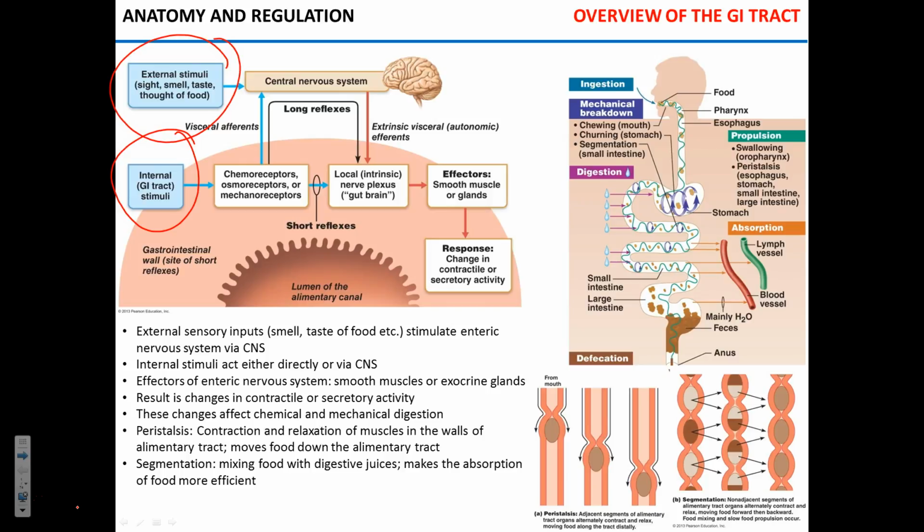Like if you look at something tasting, you're going to start salivating, your stomach will start to produce juices and so on and so forth. Make sense? Internal stimuli is the food inside of the digestive tract. Does that make sense? Now, let's see how they stimulate the responses.